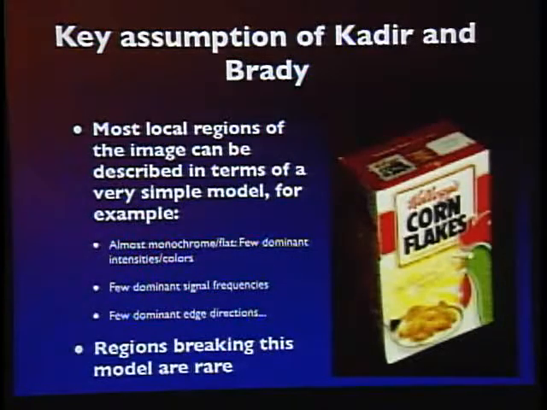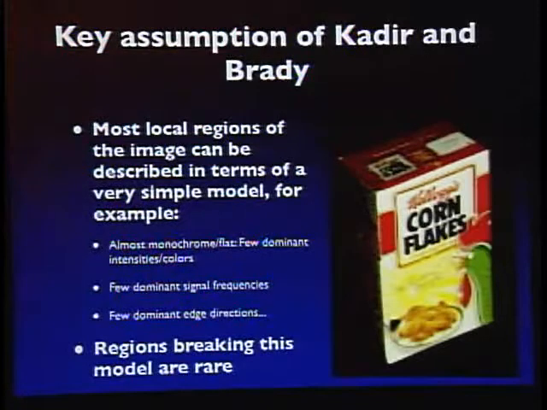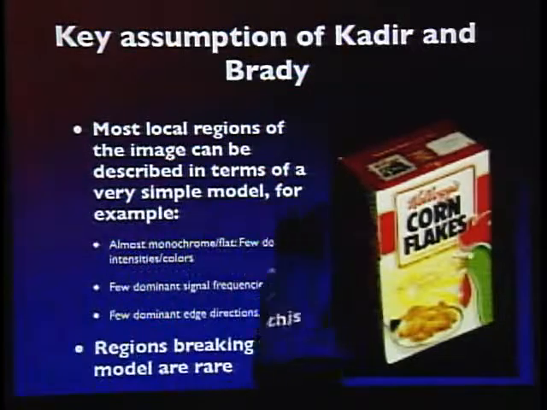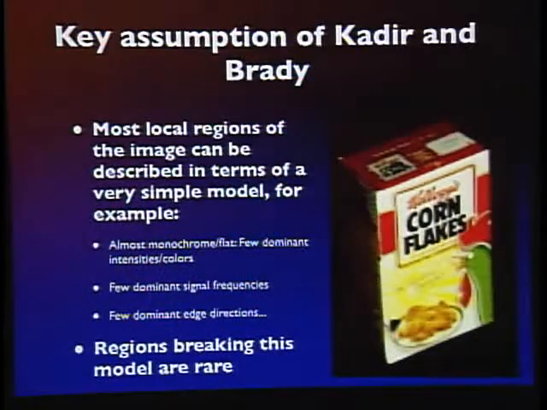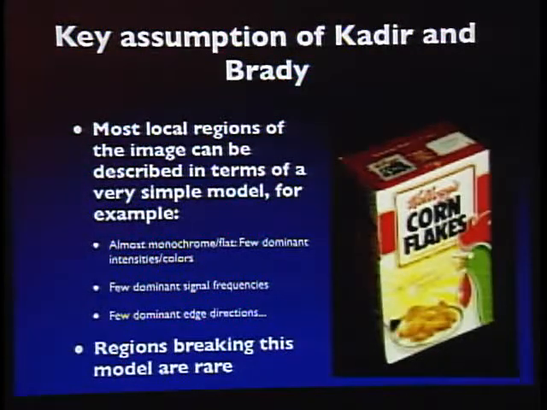So the starting point for these people is that they say, well, look, most regions of the image can be described in terms of a very simple model. And when I say model, what I mean is essentially an explanation for the contents of that image region. So most of the regions in the image, like this square over here, can be explained in terms of a very simple model or in terms of a very simple explanation, which is to say the image pixels are, for the most part, just red.